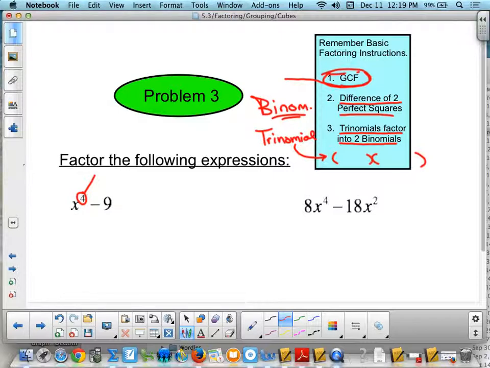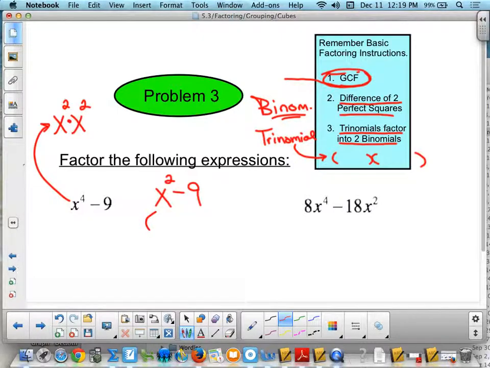Okay, so this is nothing more than what you already know how to do, except we've got an x to the 4th. So when you think of x to the 4th, you have to think like this. X to the 4th is nothing more than x squared times x squared, right? So we've always seen x squared minus 9.